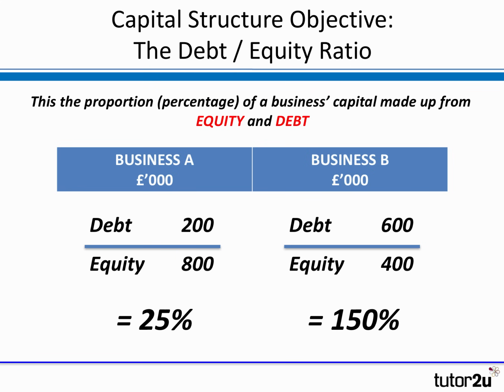So for business A, the debt of £200,000 is just a quarter of the amount of equity. In other words, a debt equity ratio of 25%, whereas business B has a much larger proportion of finance provided by its debt, £600,000 compared with £400,000. Do the maths, and that comes out as a debt equity ratio, dividing one by the other, of 150%.